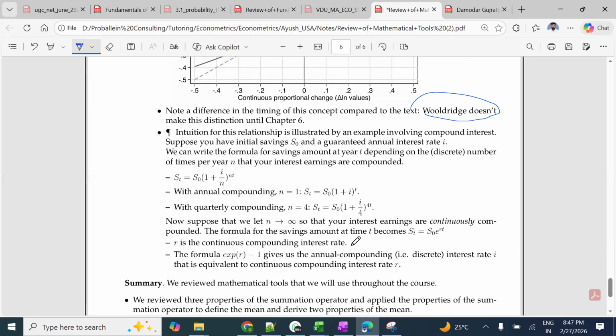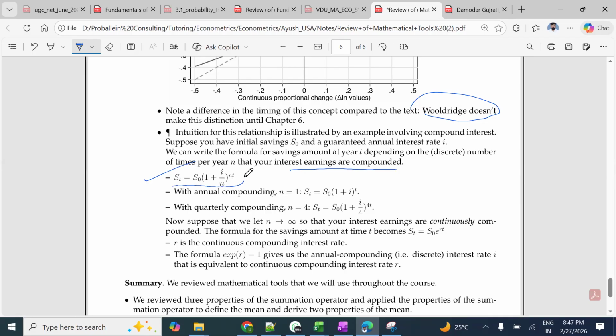Intuition for this relationship is given by an example involving compound interest. Suppose you have initial saving S0 and a guaranteed annual interest rate I, and we can write the formula for the savings amount at year T depending on the discrete number of times per year N that your interest earnings are compounded.